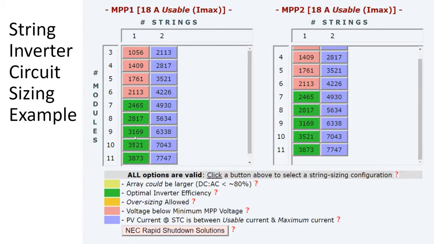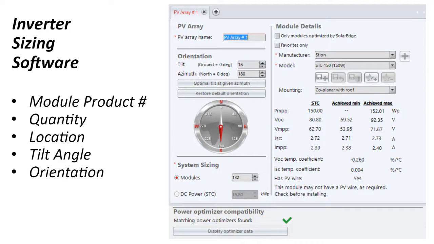DC optimizer sizing is similar to both string and microinverter sizing. Here is a 132 panel layout using some oddball thin film solar panels with an atypically high voltage and atypically low amperage compared to standard solar panels.